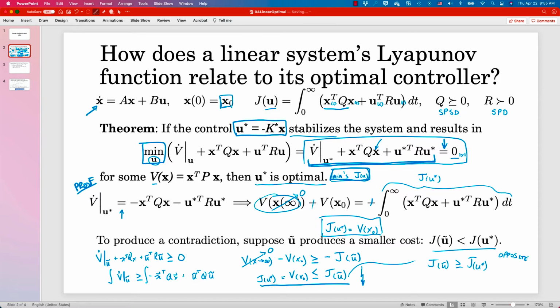All right, so this is the proof that an optimal control, you can show that it minimizes j, or it's equivalent to showing that it minimizes this function, and that minimum value is 0.